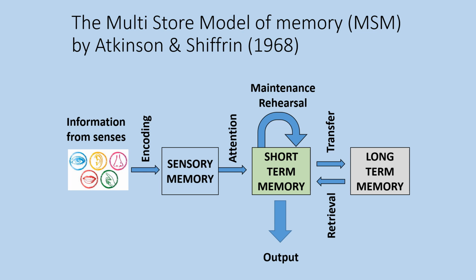So it's encoded, transferred from one type of information to another. In this case, it's encoded into our sensory memory. When information is in sensory memory, it only lasts a very short period of time, less than 2 seconds, but it can hold a massive amount of information.